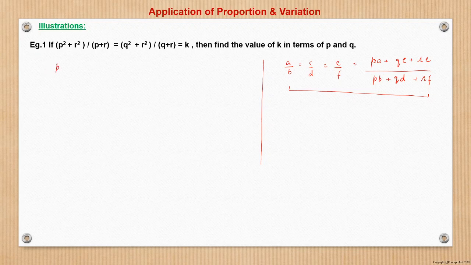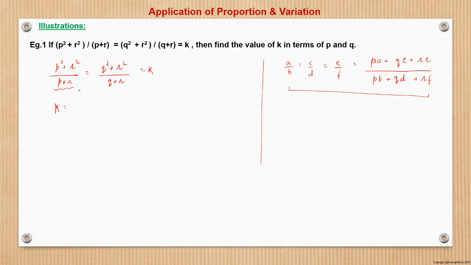The question says if (p square plus r square) upon (p plus r) is equal to (q square plus r square) upon (q plus r), and this is equal to k, then we can write this as follows. Let this term be of the form a by b, and this as c by d.